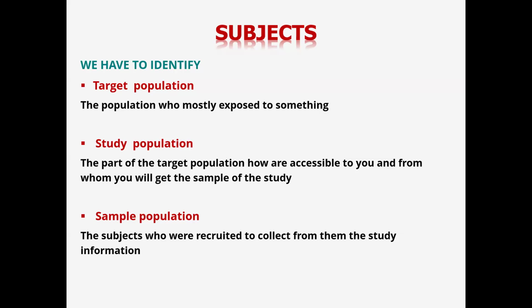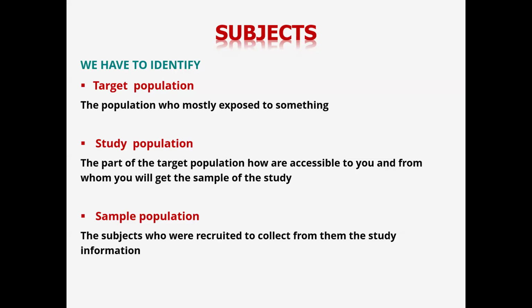The sample population are the subjects or the sample who were recruited to collect data from in the study. For example, the sample population are taken from the study population, who are taken from the target population. So if I'm going to study something in the faculty of medicine, on the students of the faculty of medicine, this will be my target population. I will choose students in semester 4, for example.